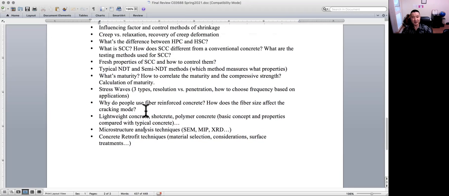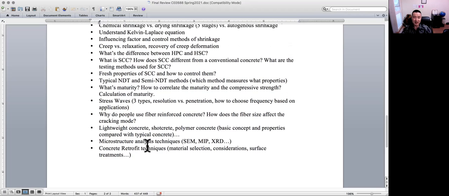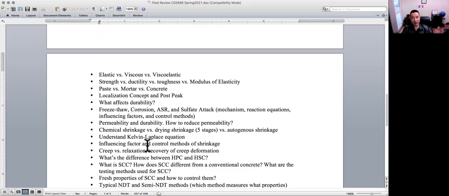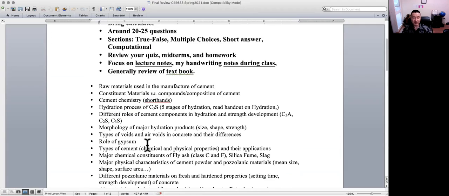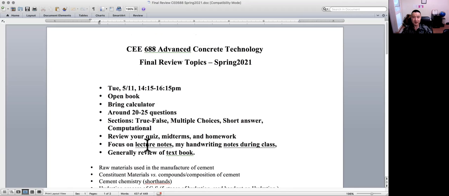So again, this is open book. Prepare for the final exam. Make sure you go over all the materials and bring all the lectures to your final exam. All the questions will come from these topics we just discussed.